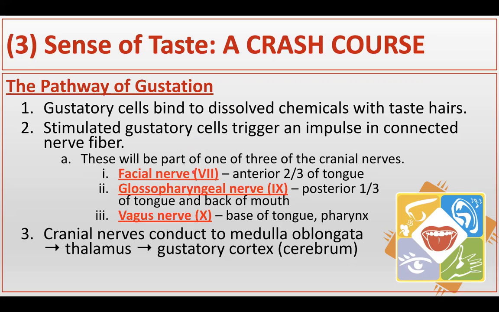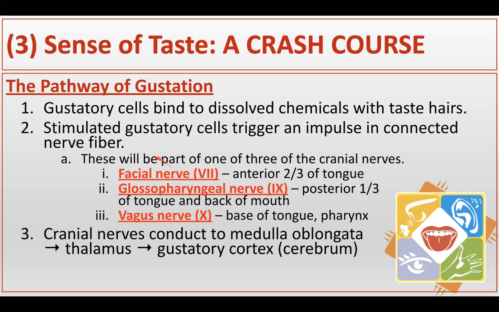The facial nerve is known as number 7. That's located in the anterior portion of your tongue, so towards the front. The glossopharyngeal nerve serves taste buds that are in the posterior or back of your tongue, as well as the back of your mouth. And the vagus nerve serves taste buds that are at the base of your tongue, as well as into your pharynx, which is getting back into your throat.